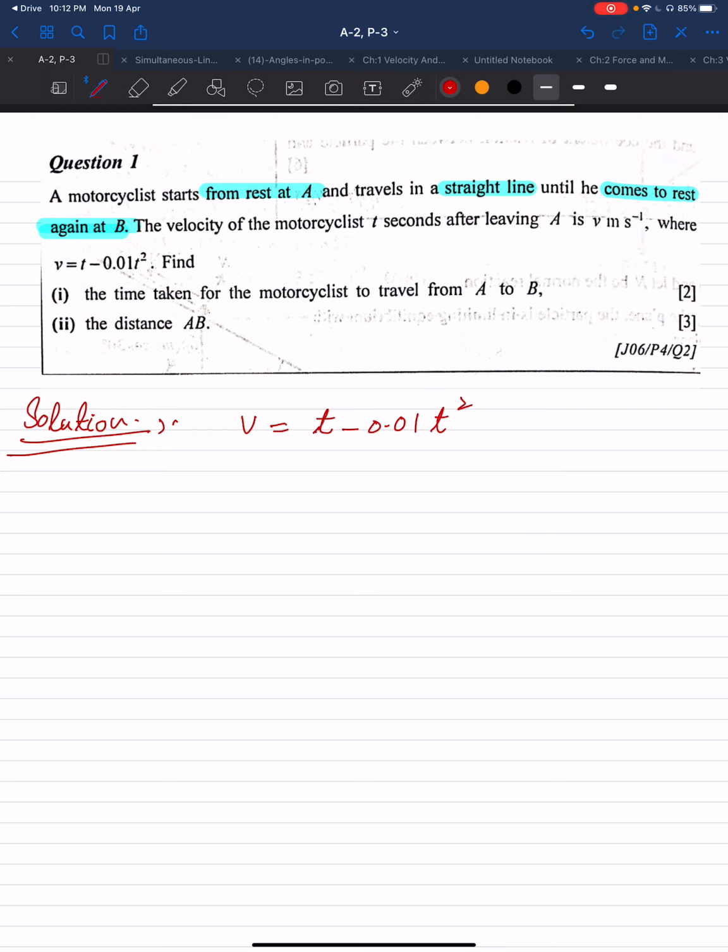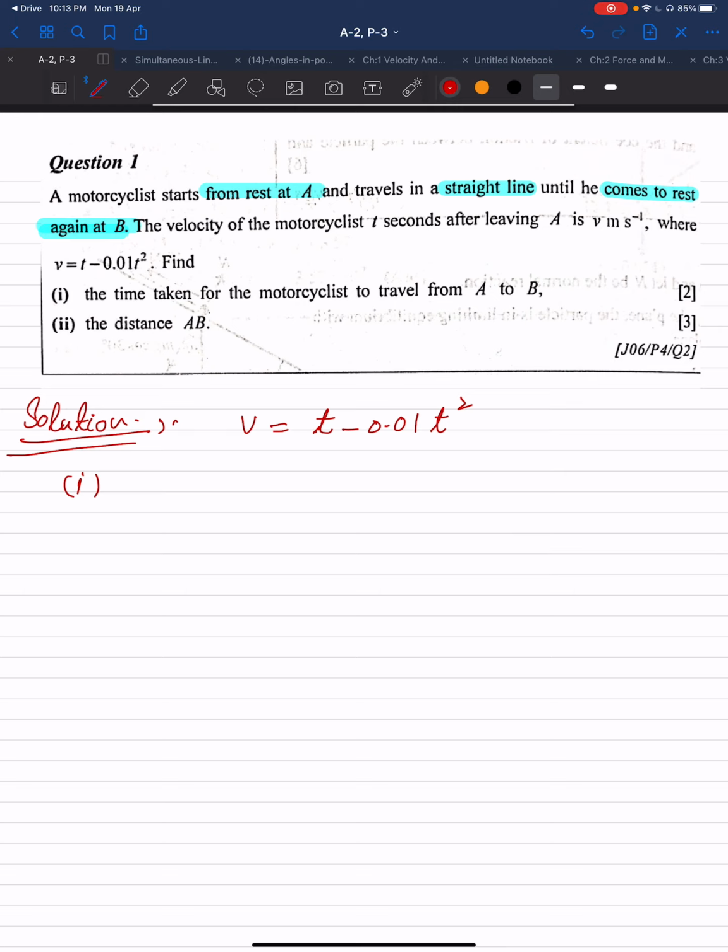Now in part 1 they are saying you have to find the time taken for the motorcyclist to travel from A to B. You know that at A the velocity was 0, and at B the velocity was also 0, because it started at rest and comes to rest again at B. So velocity is 0 at A and B.